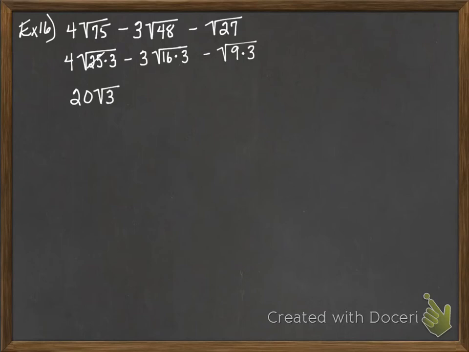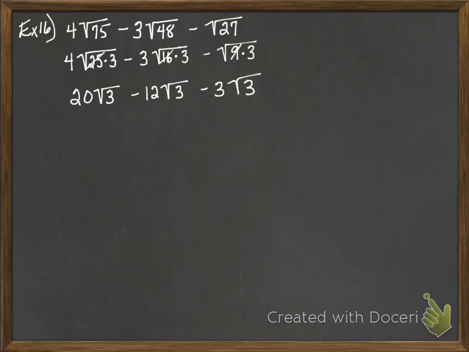If you don't know what you're doing, show every single step. Everybody know where the 20 came from? 5 comes out. 5 times 4 is 20. If you need to write it, you can. Next one, square root of 16 is 4. 4 times negative 3 is negative 12. 3 stays under the radical. Last one, square root of 9 is 3, 3 comes out, 3 stays in. So everybody get that step?